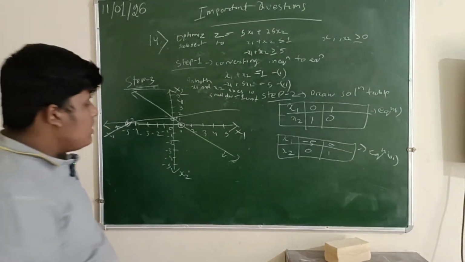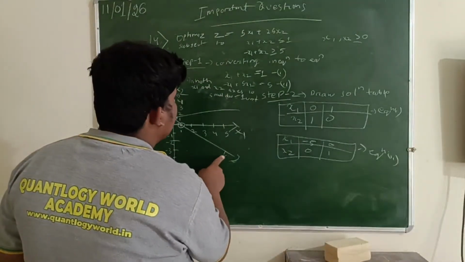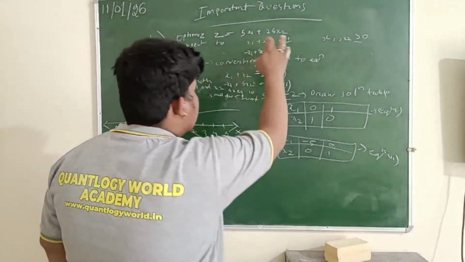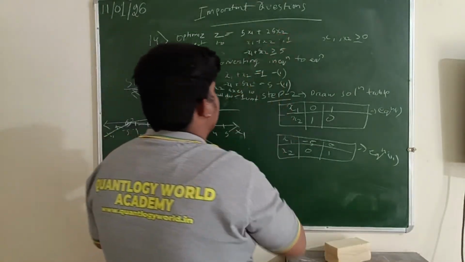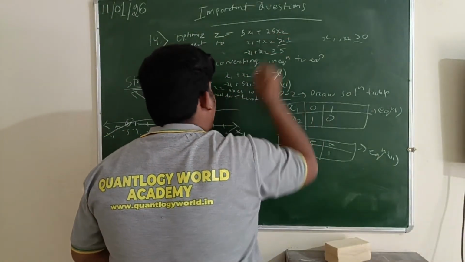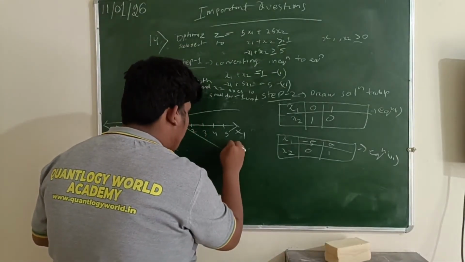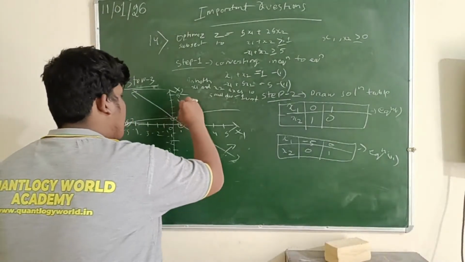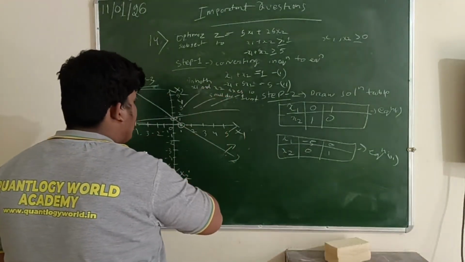So the feasible region here will be this one, which means it is unbounded.